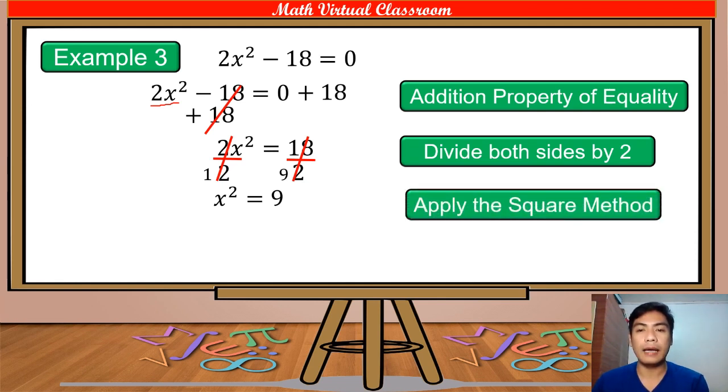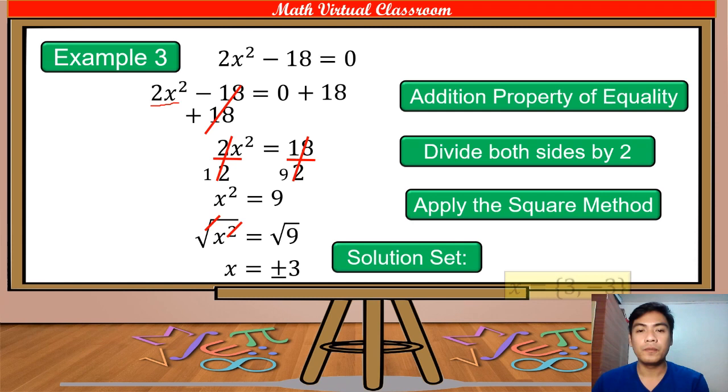Now we apply the square root method. So getting the square root of both sides of the equation, this will be x, and the square root of 9 is equal to positive or negative 3. So your solution set is 3 and negative 3.